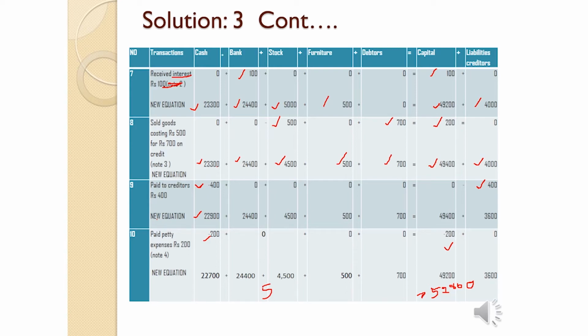So asset side total and the liability side total should be equal here. 52,800 is equal to 52,800. So the accounting equation should be proved. Okay. Do you understood?